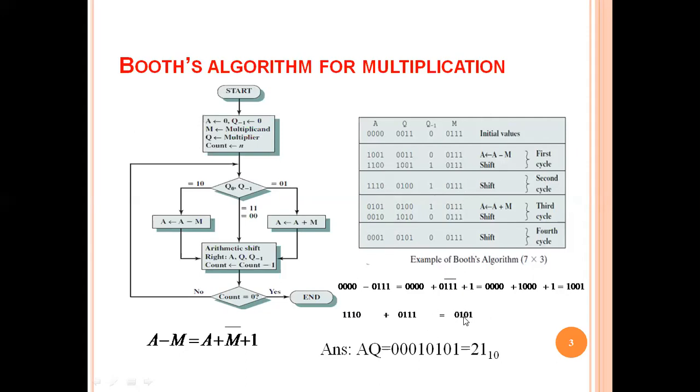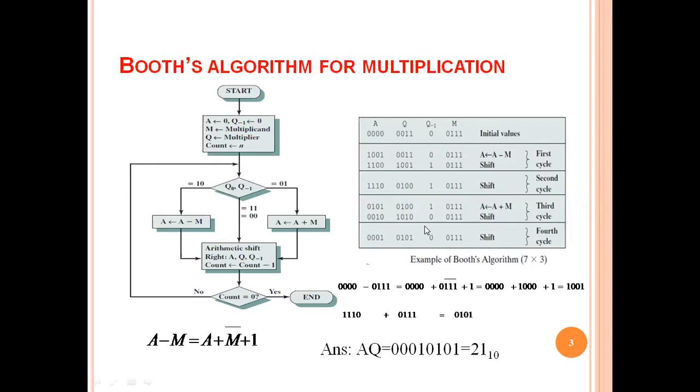So you get 0, 1, 0, 1. I put it here. Then again, arithmetic right shift. So this comes here. This 0 comes here. This 1 comes here. This 0 comes here. This 1 comes here. This 0 comes here. This 1 comes here. This 0 comes here. And this sign bit is 0, so we copy the 0 here. So the third cycle is complete.